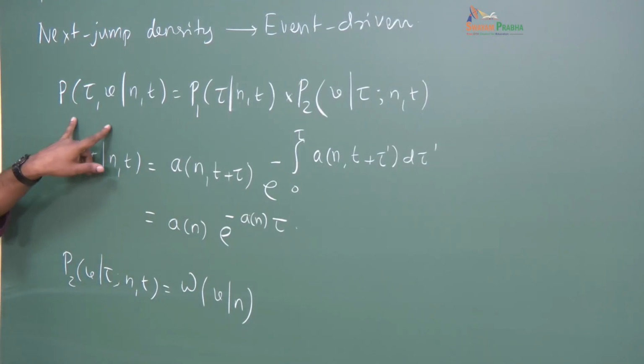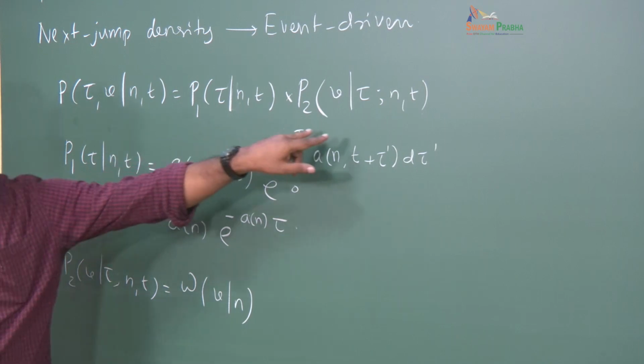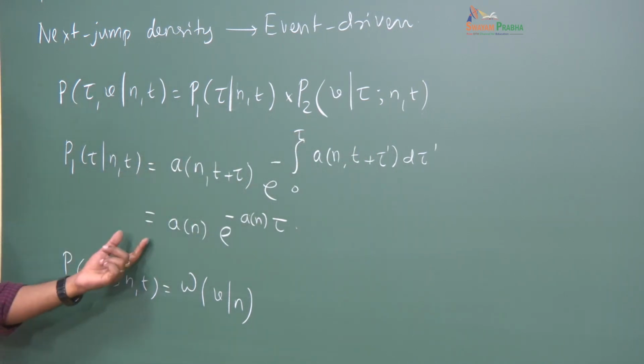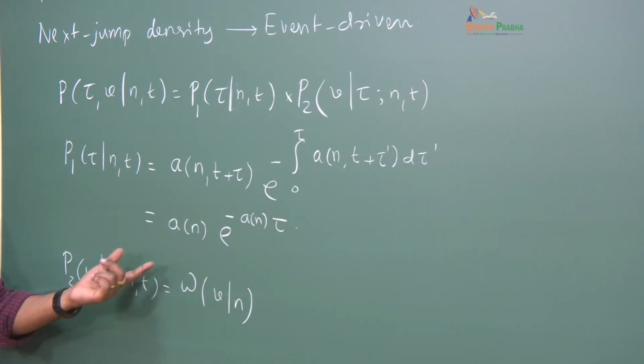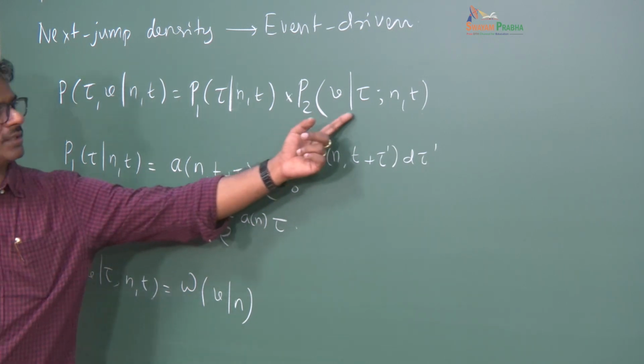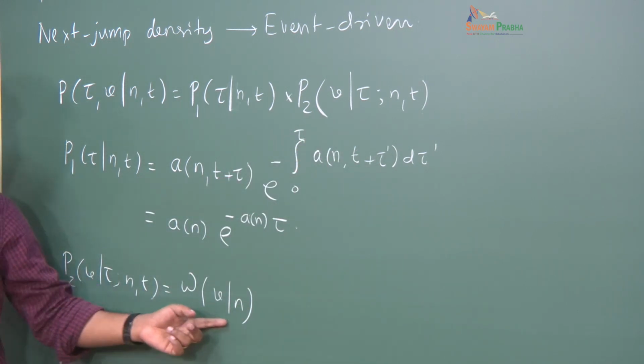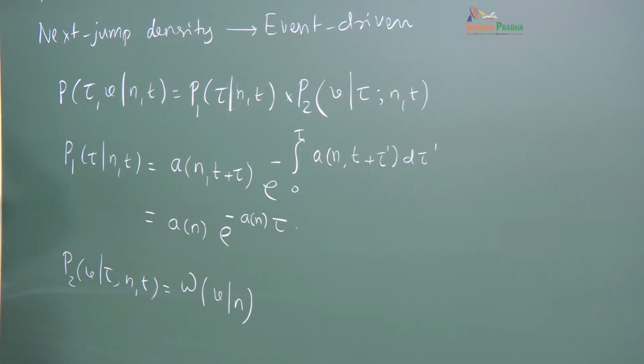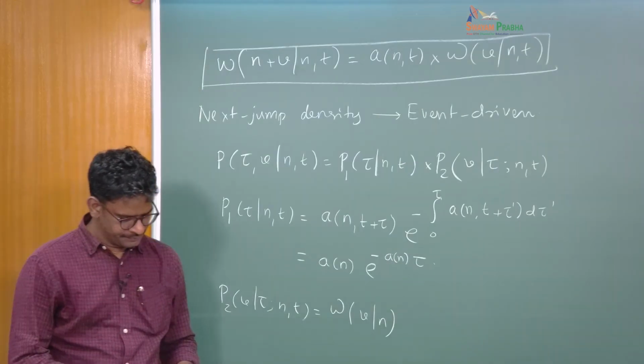The next jump density is written in terms of two probability functions: one that allows us to sample the next jump time, and a second distribution that allows us to find out what the next end state is. So these things we have seen.